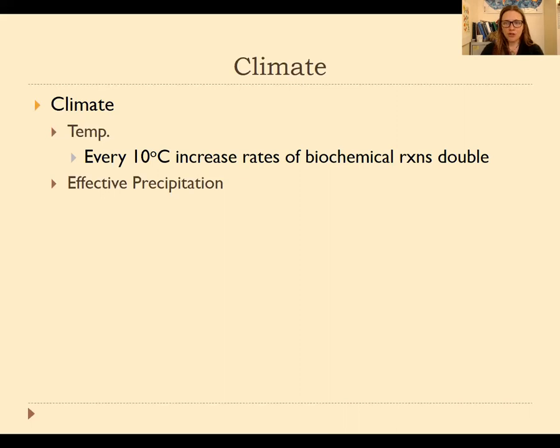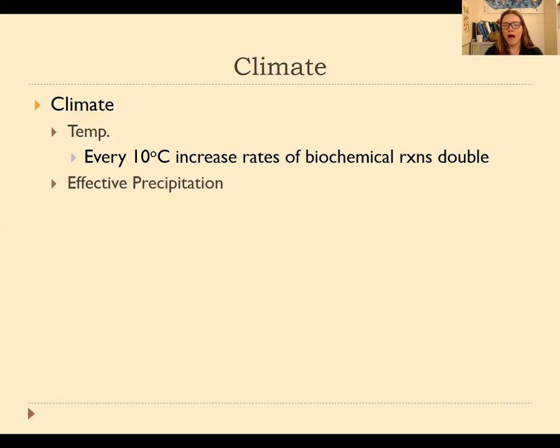So temperature is important because as the environment gets warmer, what that essentially means on a really microscopic level is that all the different kinds of atoms and subatomic particles and everything are just moving around faster, and that allows for faster rates of reactions.